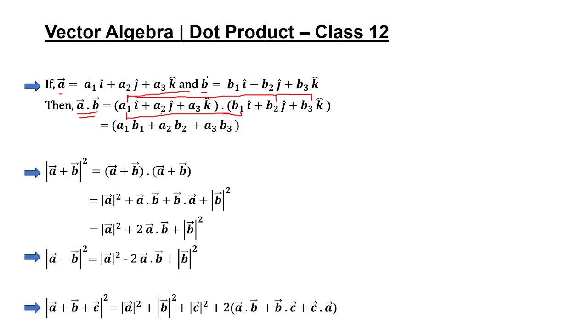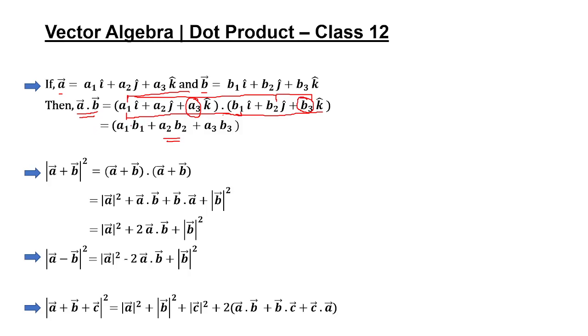Same way, the dot product of A2 J with all three components of vector B is done. Then we get A2B2. Next, the dot product of A3 K is done with all three components of vector B. Then we get A3B3.